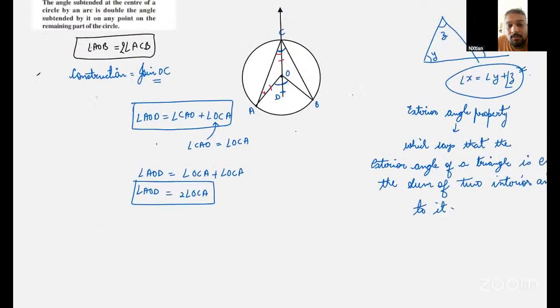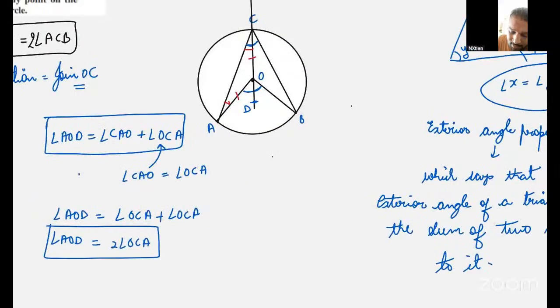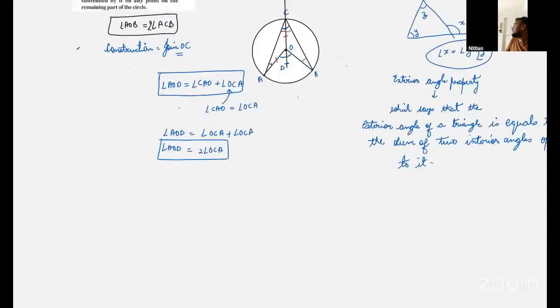Yes or no? In the same way, this is also an exterior angle property. This one is equal to this one and this one because of the exterior angle property. So I can write it down. Just give me a second.